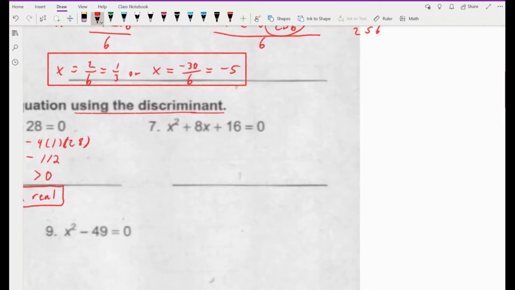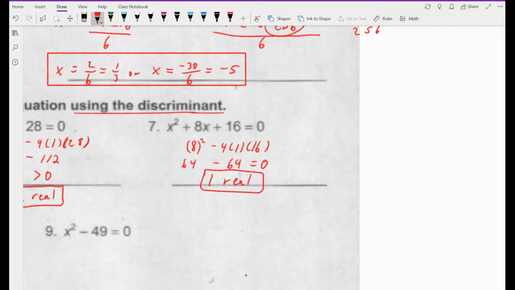Number 7. x squared plus 8x plus 16. So it's 8 squared minus 4 times 1 times 16. 64 minus 64 equals 0. When you get 0, you get 1 real solution. What that means is the graph will actually be touching the x-axis.